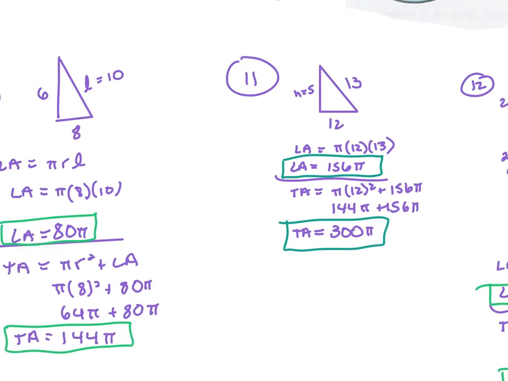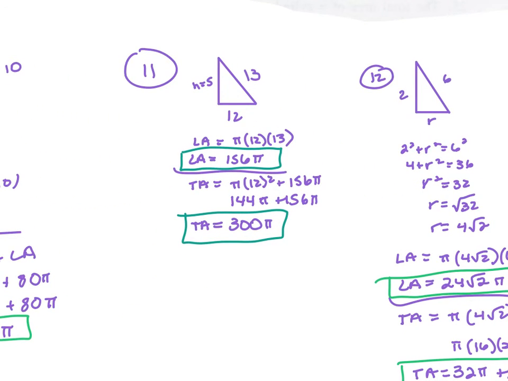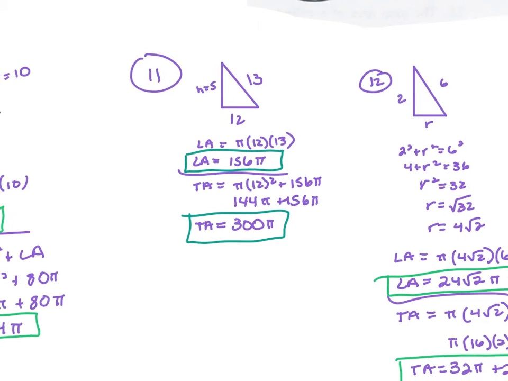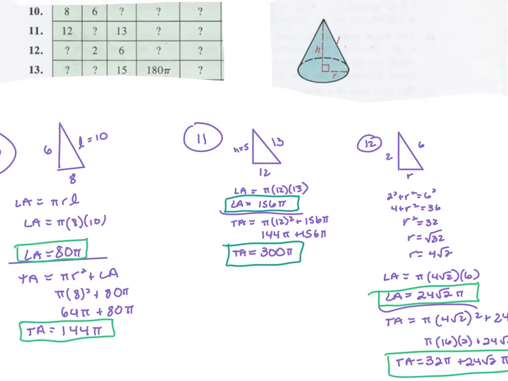Number 11. Again, another triple, the 5, 12, 13 triangle. Again, if you didn't realize what you needed to do here, again, Pythagorean theorem. Technically here, number 11, to find total area and lateral area, we didn't need the height. All we needed was to find the 12 and the 13.